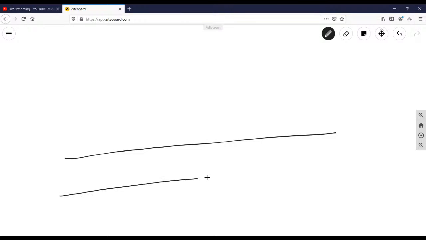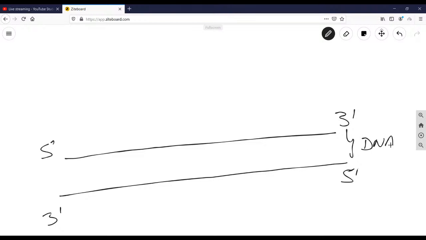suppose this is your DNA. Okay. Now let's assign 5 prime to 3 prime, and anti-parallel, 3 prime to 5 prime. This is our DNA molecule. Now let's assign an arbitrary sequence.